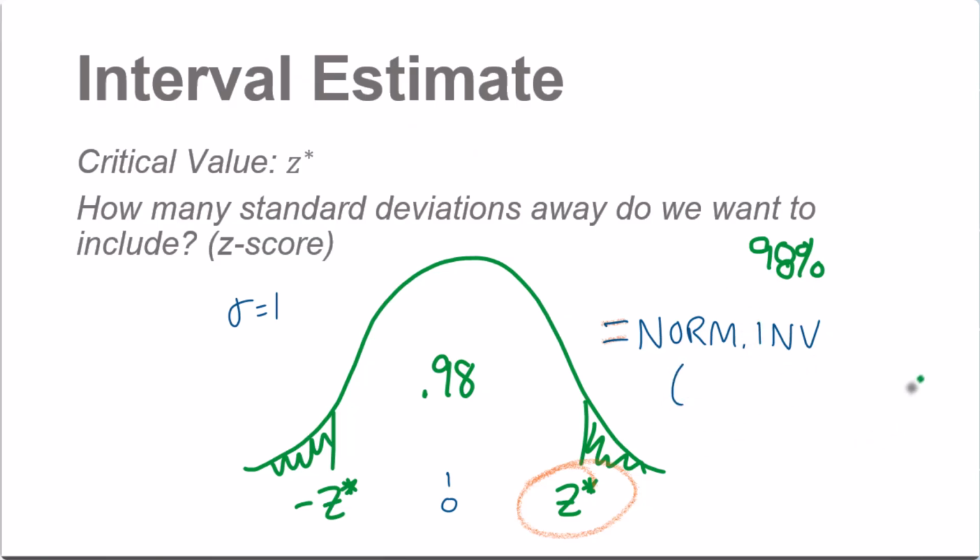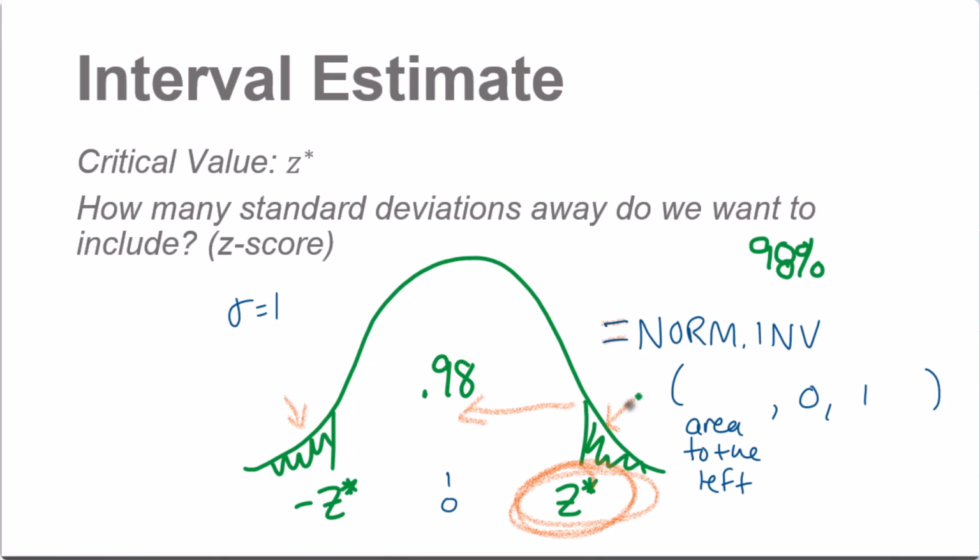And just a reminder, the first input to this function is the area to the left. So since I want to be finding this z-score on the right-hand side, the area to the left is actually not 0.98. That's just the area in the middle. I either need to do 0.98 plus the area in this lower tail, or I can think of this as 1 minus the area in the upper tail. So when you look at the confidence level, that represents the area in the middle, the part that we're interested in.